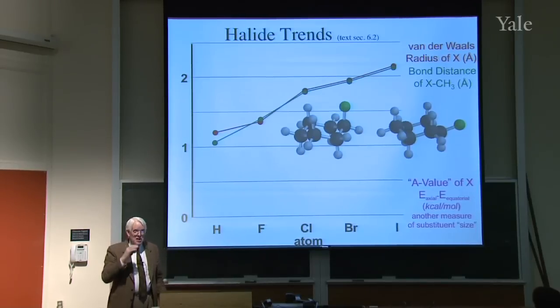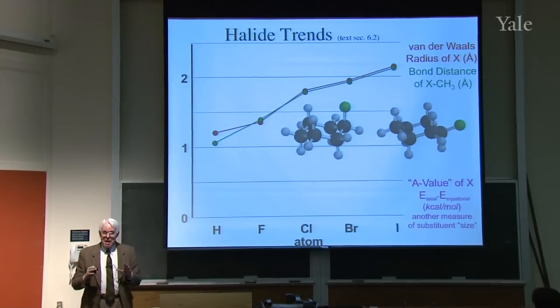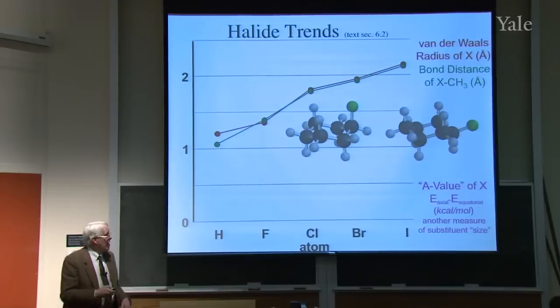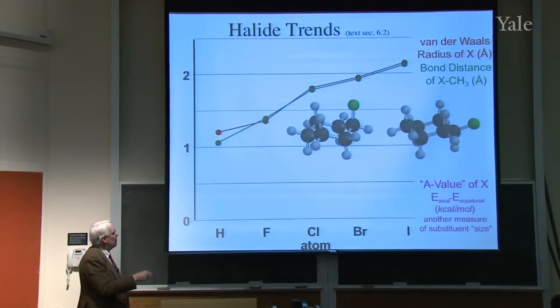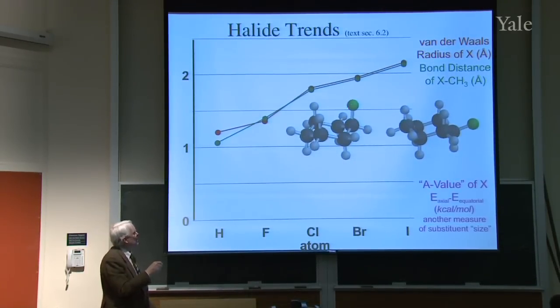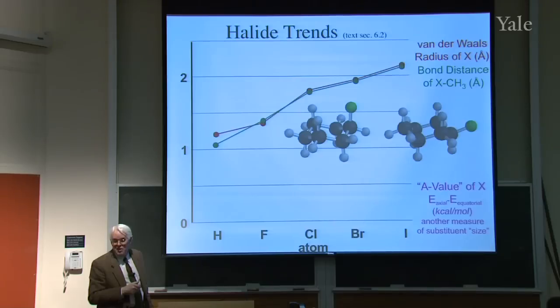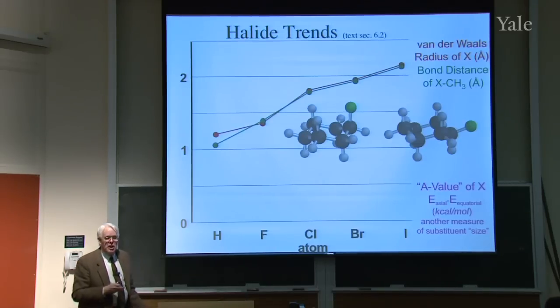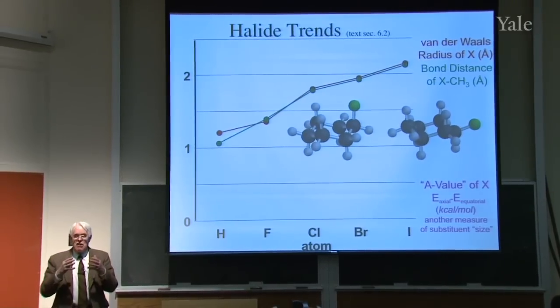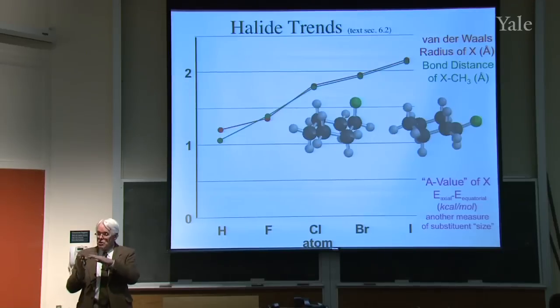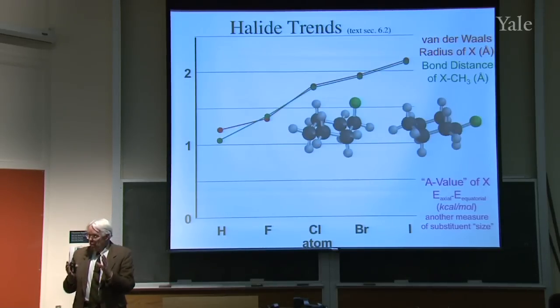Now you can see a similar kind of thing in another measure of the size of atoms, which is so-called A value. That's how much is axial compared to equatorial in cyclohexane. Axial is more crowded than equatorial is. We talked about this last semester. So if we know what the energy difference is between axial and equatorial, we have some measure of how big that group is, right?